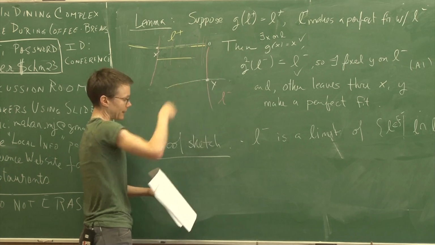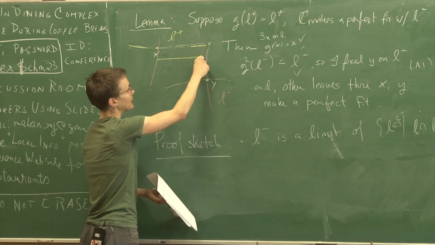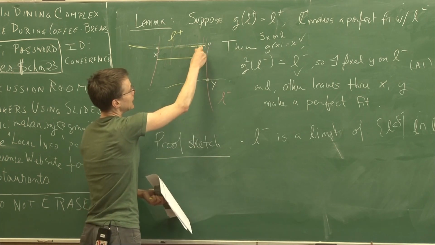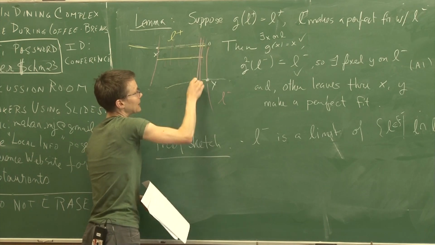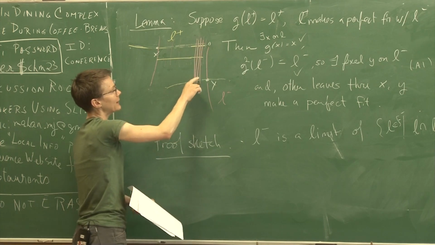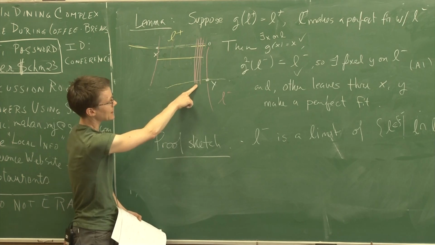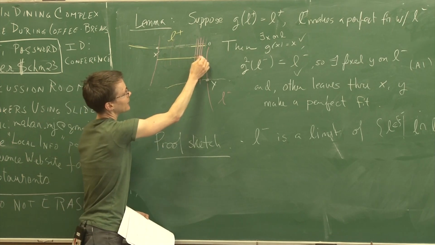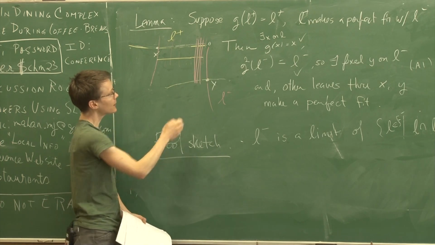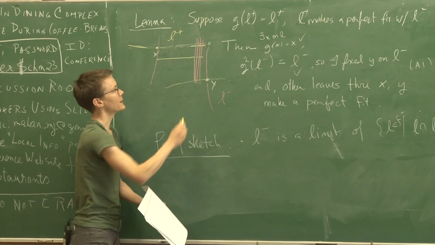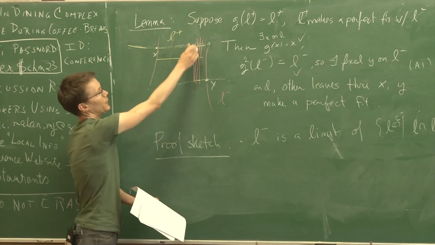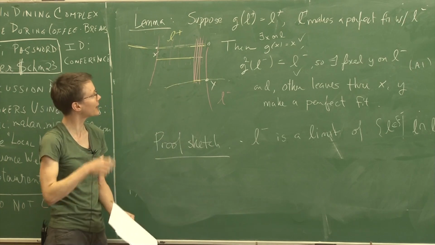If I go close enough out to this pink one in the picture, the definition of perfect fit says that some family of leaves of my pink foliation, I guess this is F minus, passing through this little transverse segment, will meet this leaf here. So this picture is not a lie. And a little product folded rectangle there.